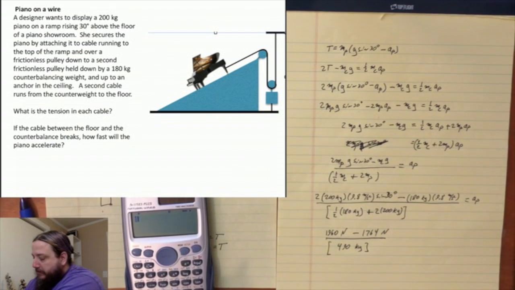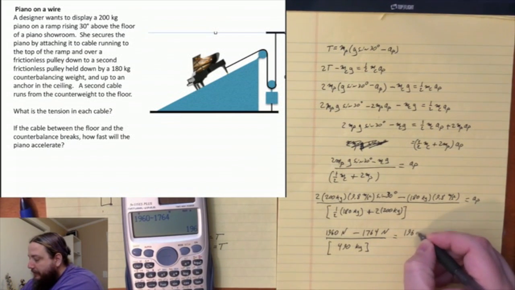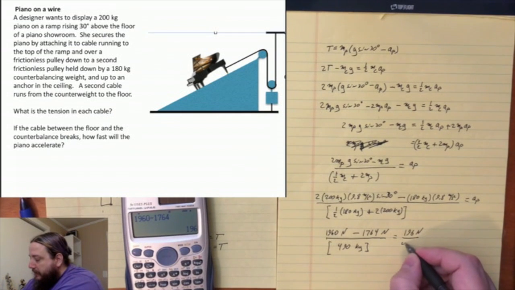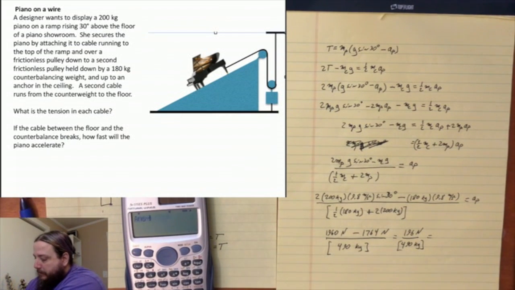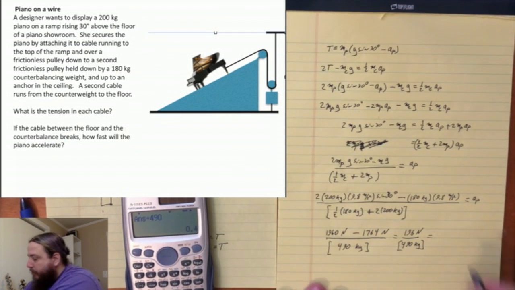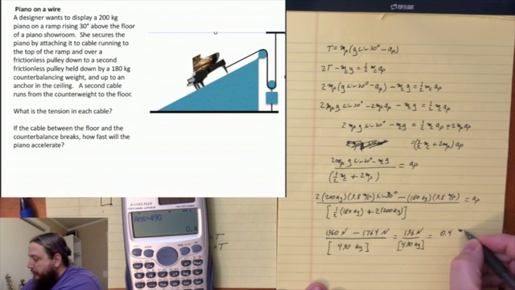So 1960 minus 1764, that was our 196 newtons on the top and 490 kilograms on the bottom. And so the acceleration is 0.4 meters per second squared.